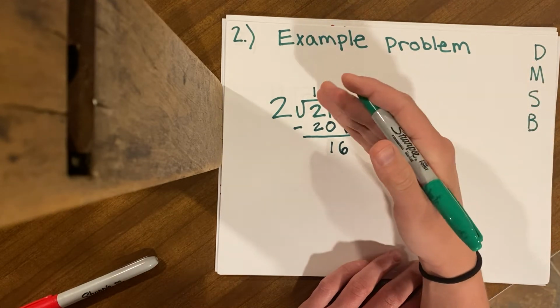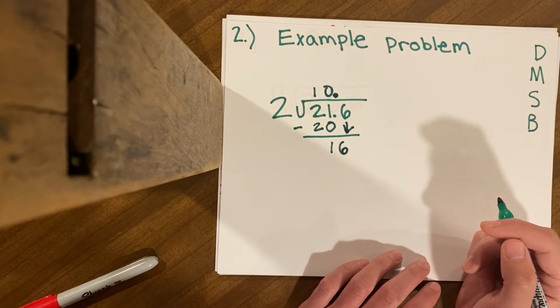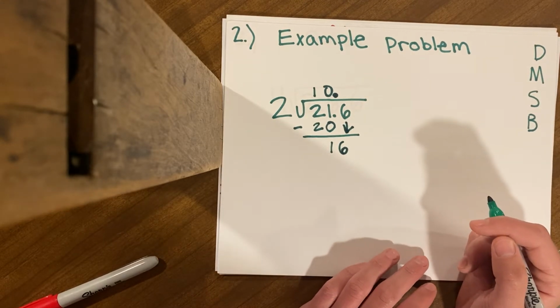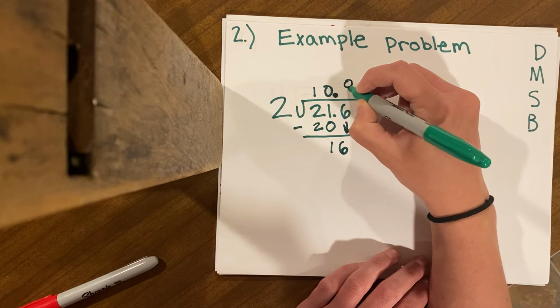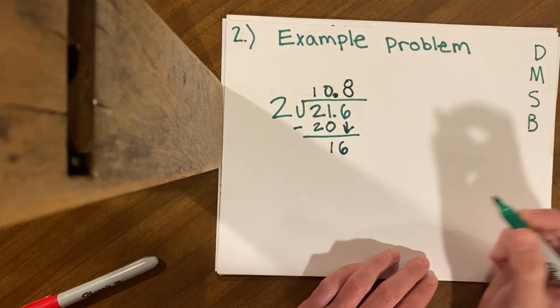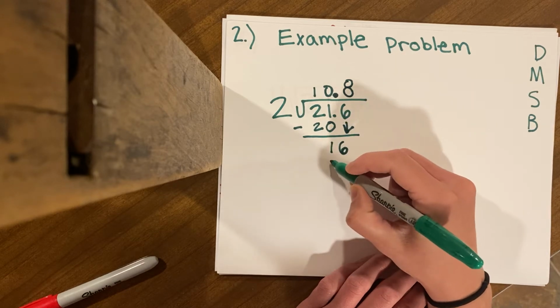Okay, how many times can 2 go into 16? We know that 2 times 8 is 16. So we divided. Now we multiply. 2 times 8 is 16.